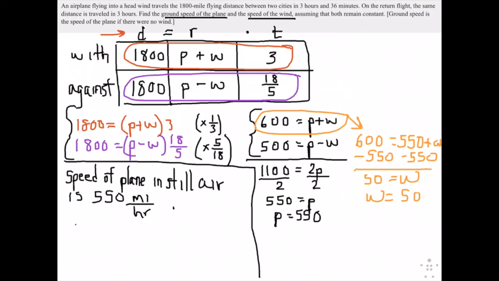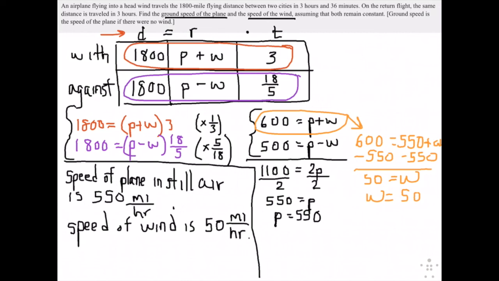And the speed of the wind is 50 miles per hour.